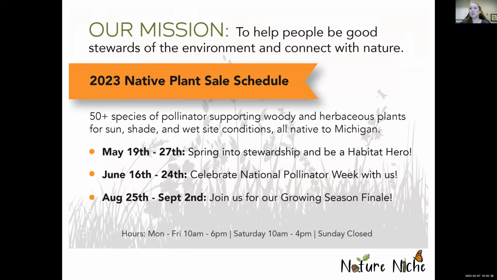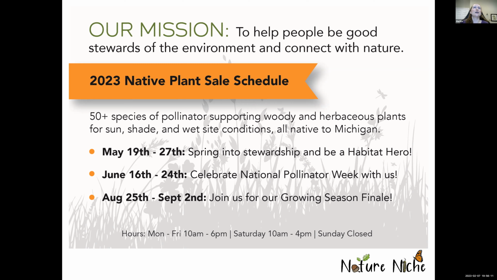So each plant sale is a little different based on what's available and how things grow when they germinate. The spring sale is usually pretty heavy on ferns and early blooming species. I try to bring in a lot of ground cover to help people get those workhorse species I mentioned established in their native plantings, and some earlier blooming wildflowers, and then whatever trees and shrubs I can get.